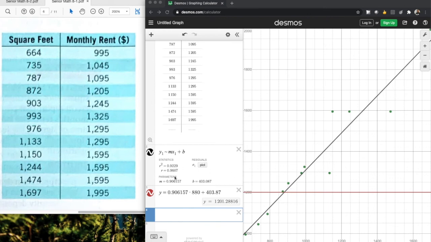But we have a positive slope, so we're at positive 0.96. So that's really good. At 0.96, that's super strong. And you can see that by how close the line is to those points. So that's called the correlation coefficient. That's what r is representing, and it is the strength of how good of a fit that line is.